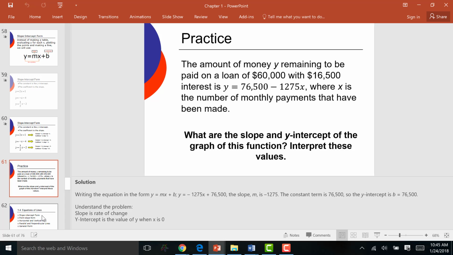The amount of money, y, that's remaining to be paid on a loan of your $60,000 Escalade with $16,500 in interest is given by y equals 76,500 minus 1275x, where x is the number of monthly payments you have made.